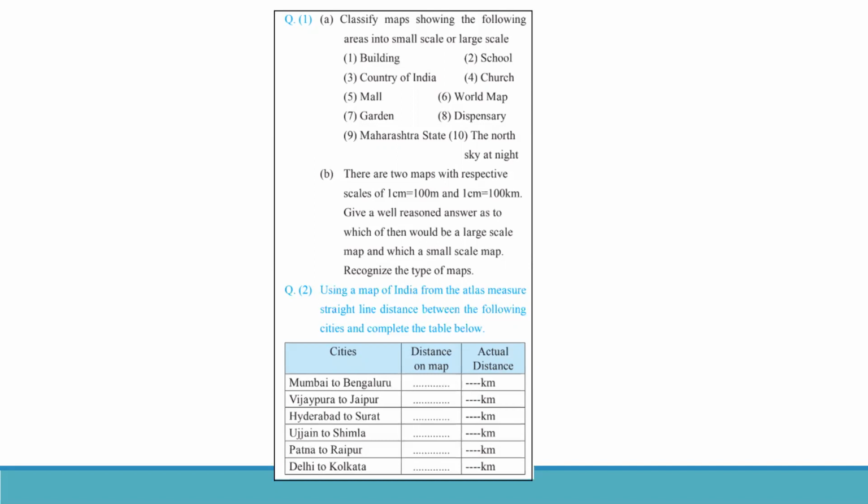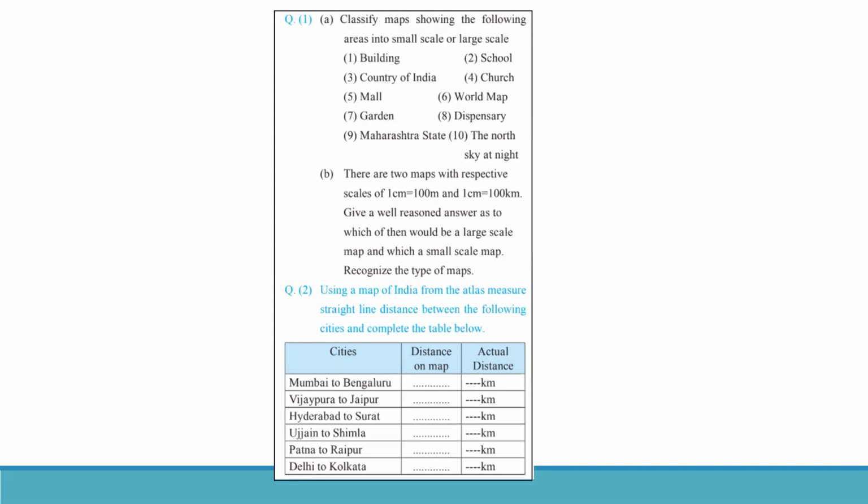Now, let us see the first exercise. Classify the maps showing the following areas into small scale or large scale. Remember, I told you, now building, it's a small area shown on a bigger map. So building will be a large scale map. Second one, school, again, large scale. Country of India, small scale.